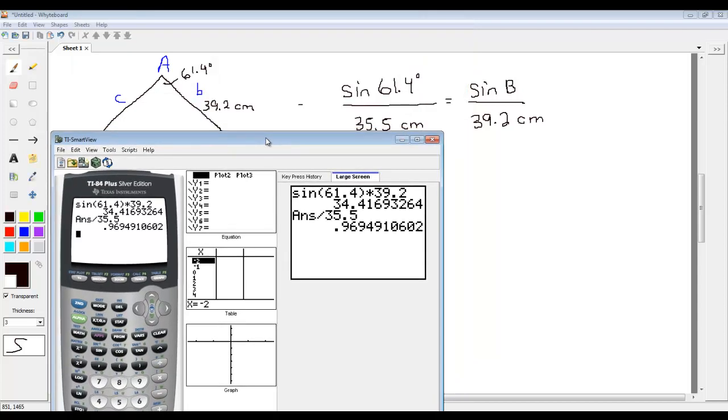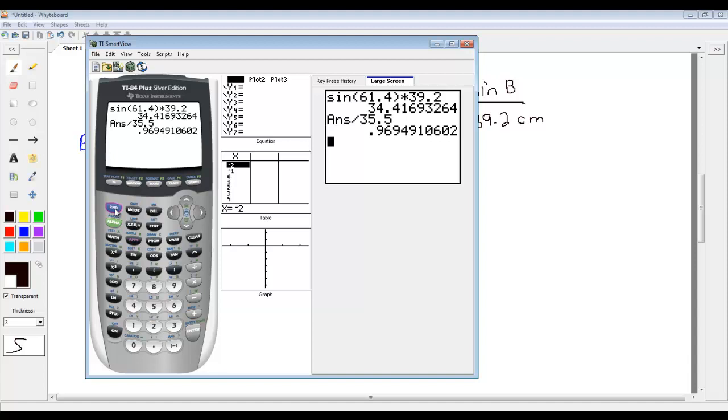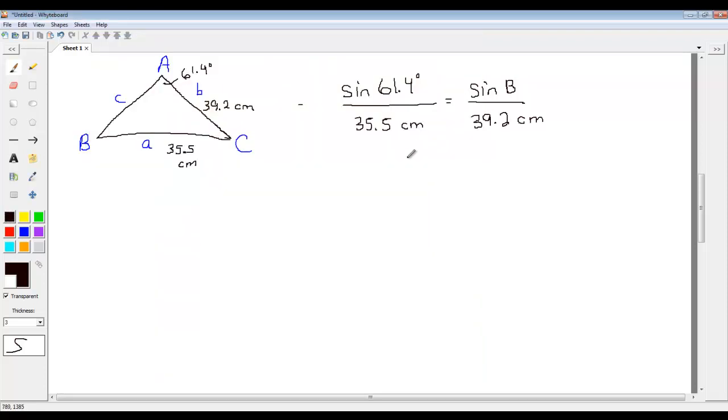Then we're going to do the inverse sine of that, and we get around 75.81. So I did sine of 61.4 degrees times 39.2 centimeters divided by 35.5 centimeters. That answer equaled sine B, so then I did the inverse sine to get angle B. So angle B is 75.81 degrees.